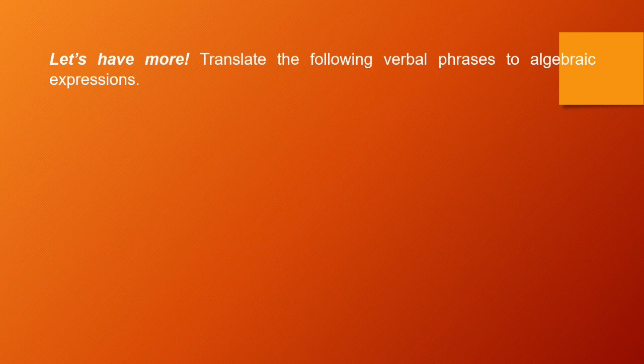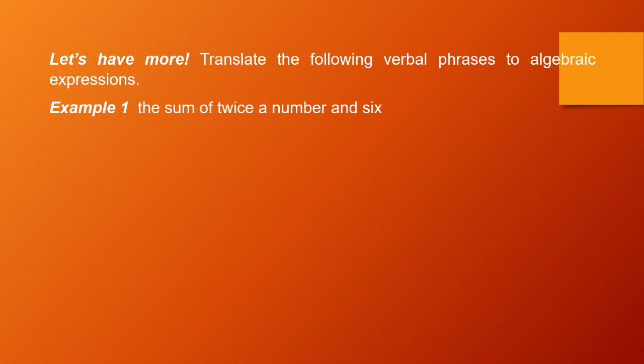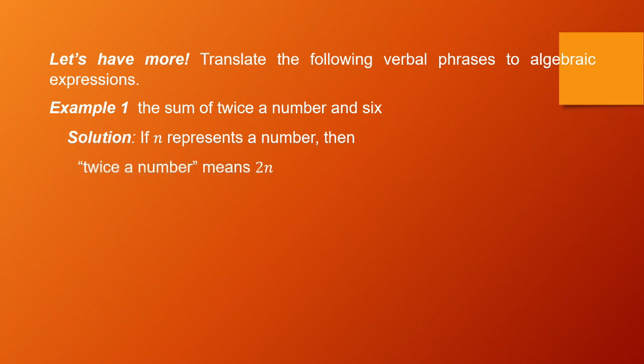Okay, so let's have more examples on translating the following verbal phrases to algebraic expression. So example number 1, the sum of twice a number and 6. If n represents a number, then twice a number means 2n. The sum of twice a number and 6 means 2n plus 6.